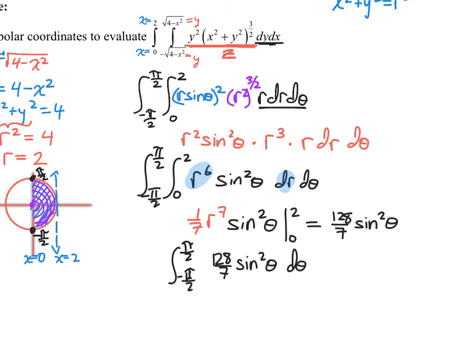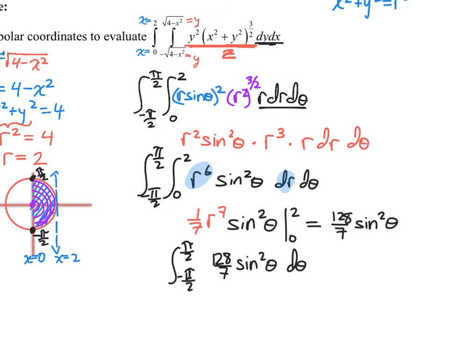Now it's a function of one variable, so I could just pop it right into the old calculator. Little math action. So a little fraction, 128 over 7, sine, close it up and square it for some reason, x. Now I have my calculator in degree mode, so I'll have to change that, or I could just put negative 90 to 90, but you play with fire when you do that.